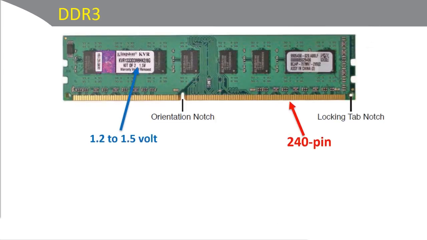So let's talk about DDR3 for a minute. These are not backward compatible with DDR2, even though they use the same amount of pins at 240. Note the orientation notch here. This is in a different location compared to DDR2, so it's not backward compatible, and you wouldn't even be able to install it if you tried.